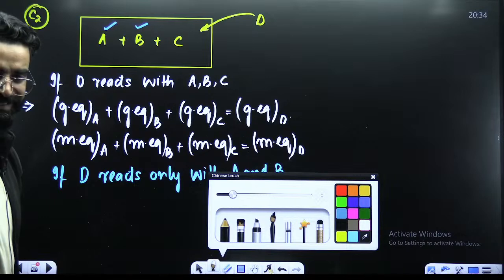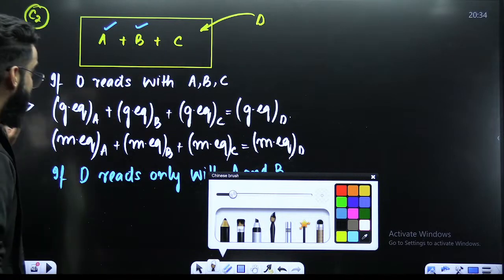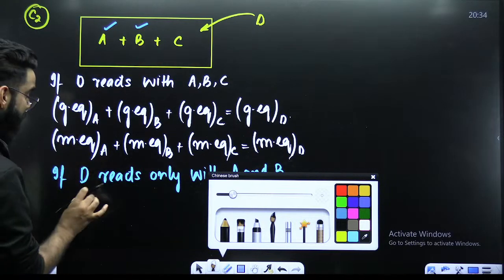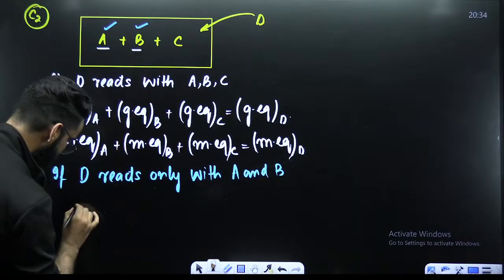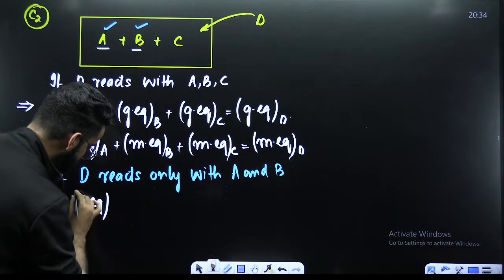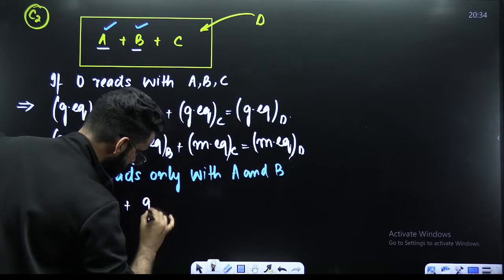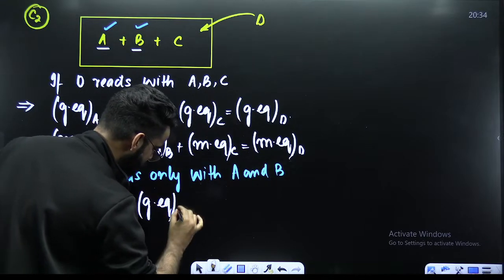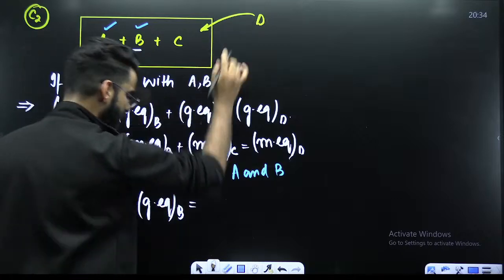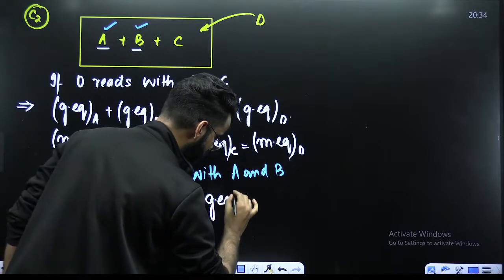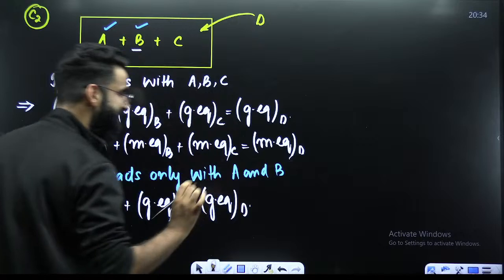What does the law of equivalence say now? If D only reacts with A and B, then as per the law of equivalence, gram equivalence of A reacted plus gram equivalence of B reacted will be equal to gram equivalence of D reacted. We have got nothing to do with C over here.